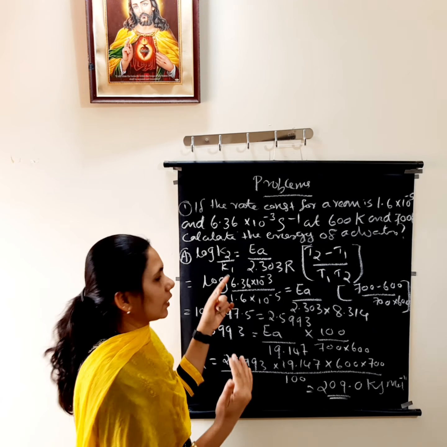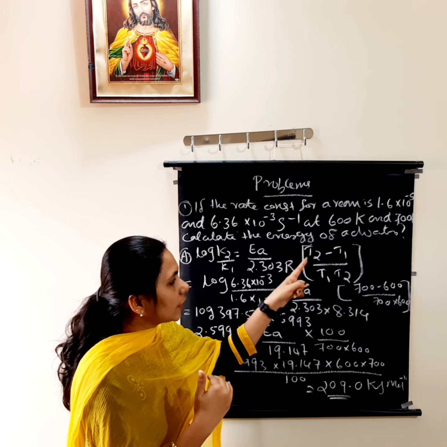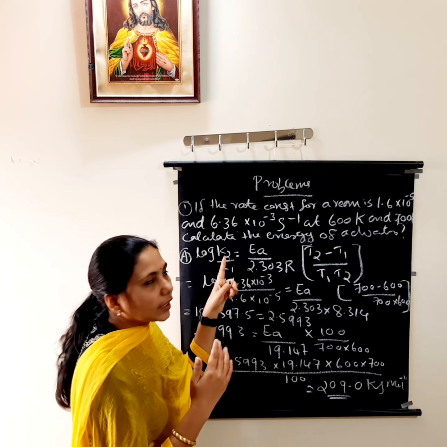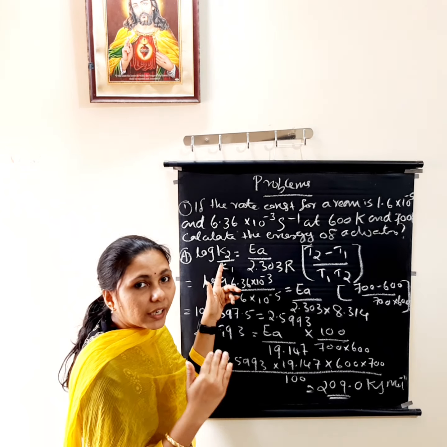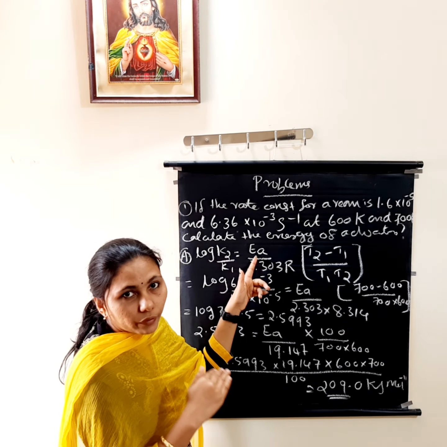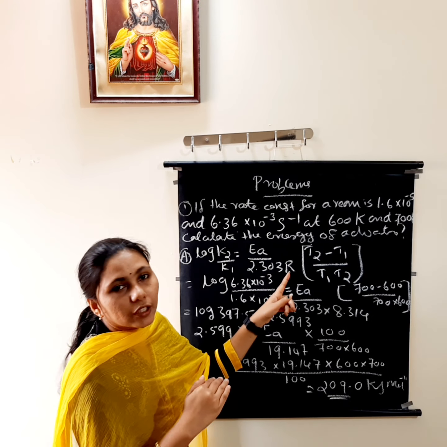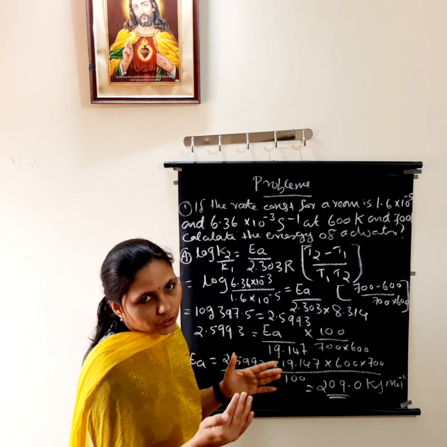We know that log K2/K1 = Ea/2.303R × (T2 − T1)/(T1 × T2). Here K2 is the rate constant at temperature T2, K1 is the rate constant at temperature T1, Ea is the activation energy, R is the gas constant, T2 is the second temperature, and T1 is the first temperature.